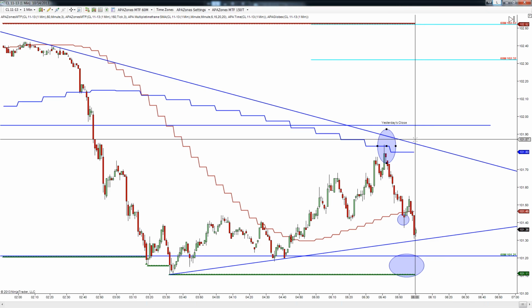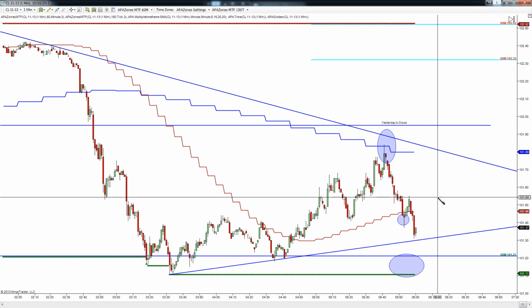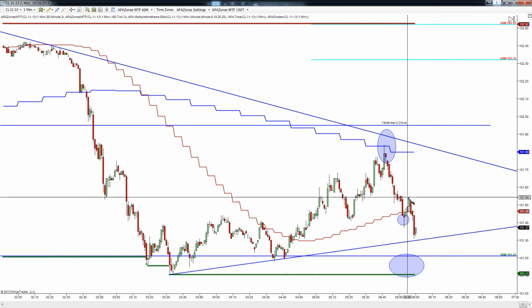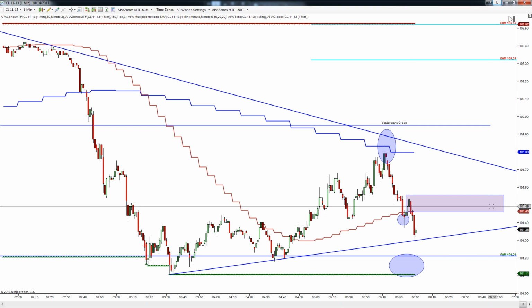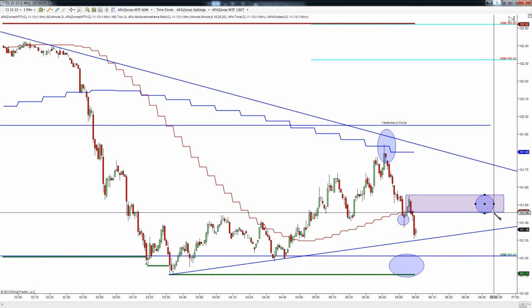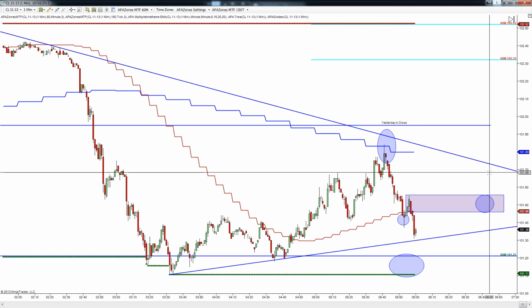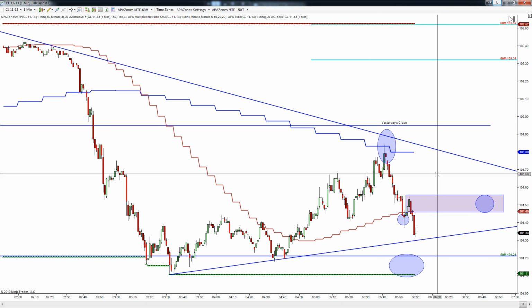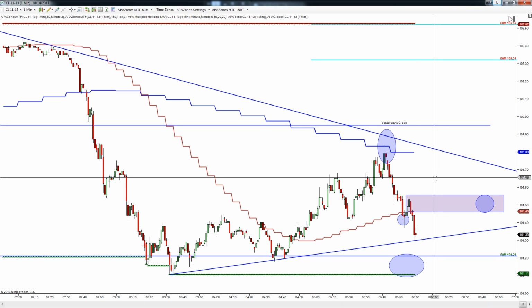So I'd be looking at that as well as somewhere over in here from this level for a possible retracement to take it to the short side. I love playing off those trend lines for trend following type of deals.